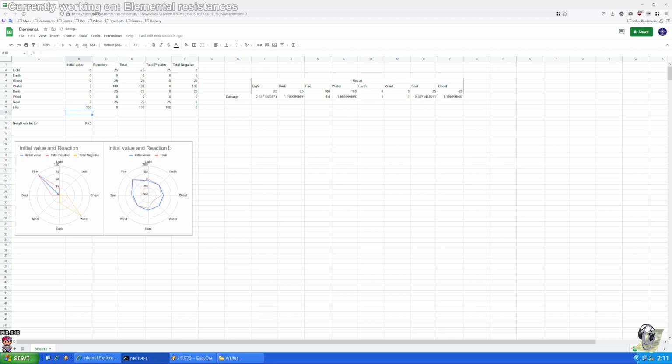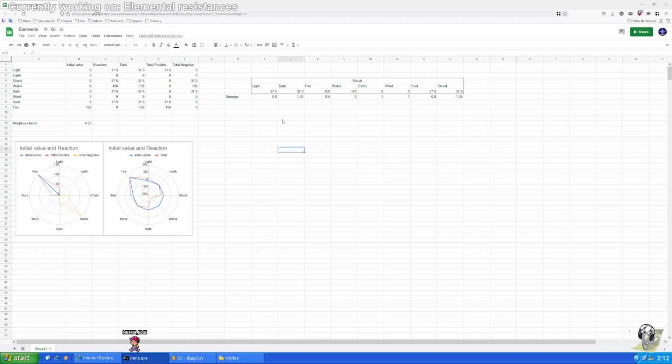Okay, so 100 gives us 0.6 decrease and 1.6 increase. 50, 0.75, 1.3. Okay. Okay, this actually looks good.